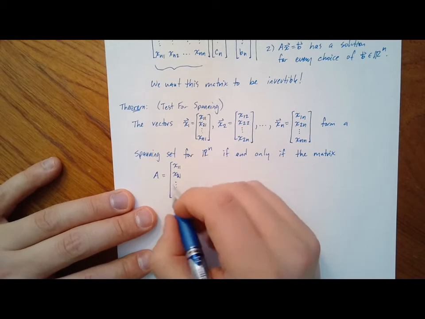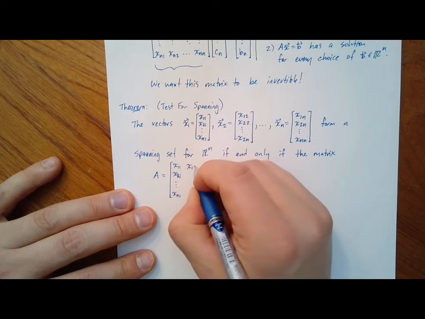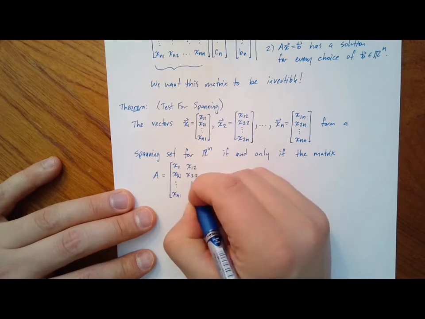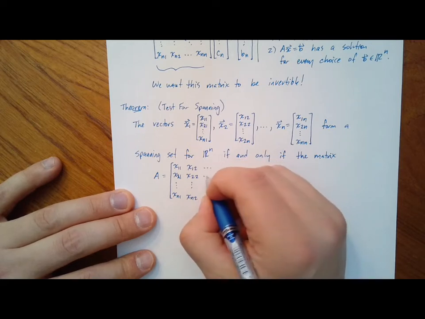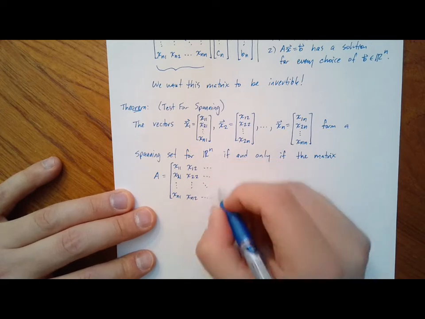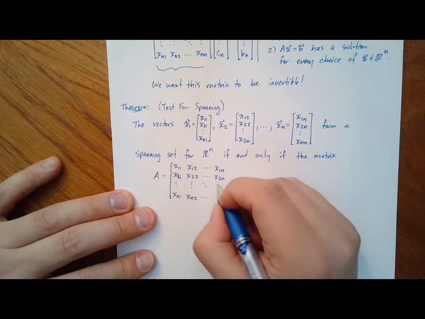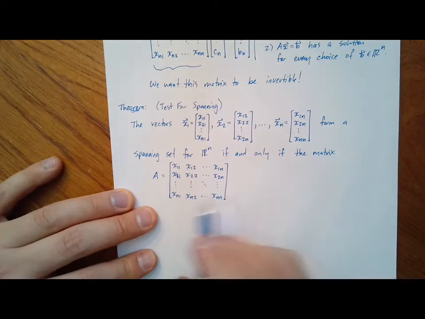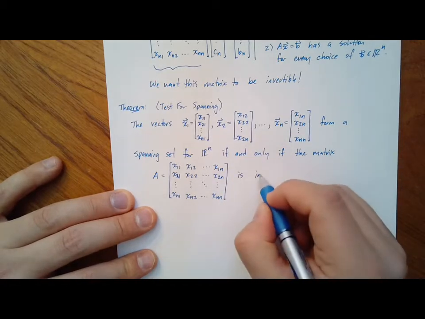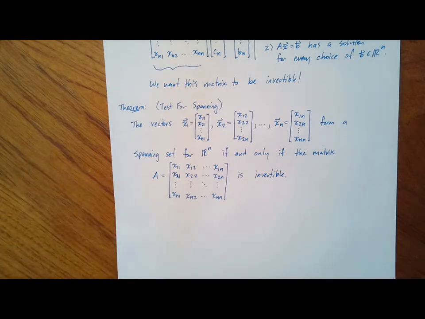So x11, x21, all the way up to xn1 is the first column, x12, x22, down to xn2 is the second column, and then you follow the same pattern up to your very last column, x1n, x2n, all the way down to xnn. If and only if this matrix is invertible. And that is your test for spanning.